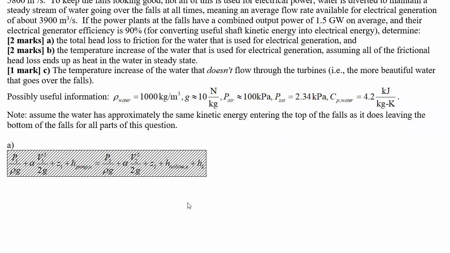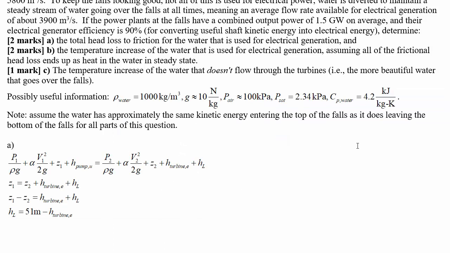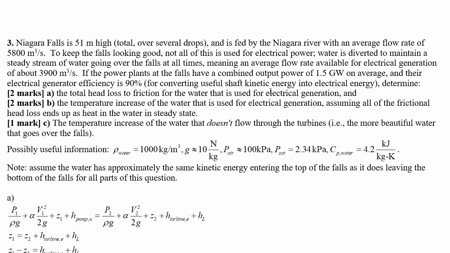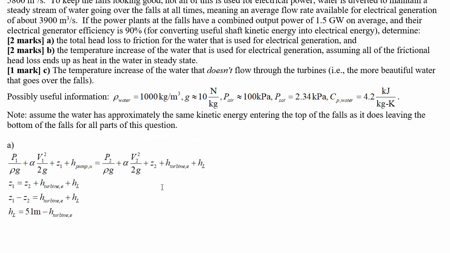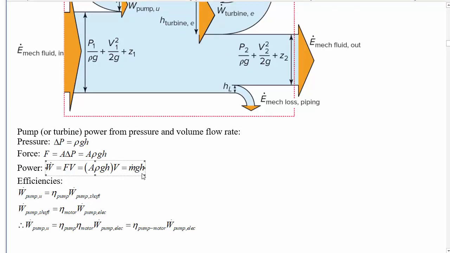So how do we figure out what this is? Well, that we can determine with the information about the power generation and the efficiency and also the flow rate. So going back to our topic summaries document there, the power generation is related to the mass flow rate times g times the corresponding head that was going into power generation.